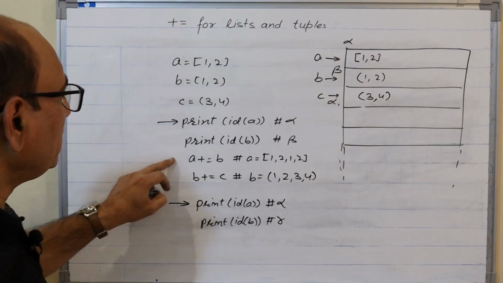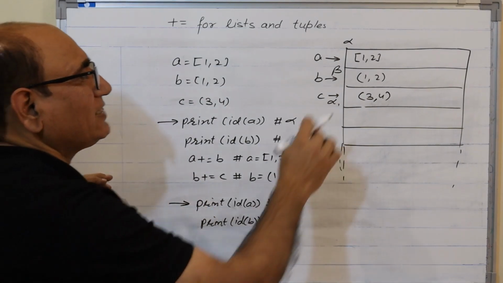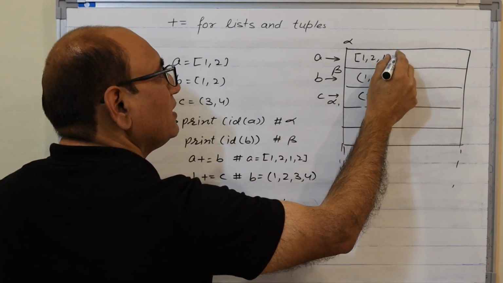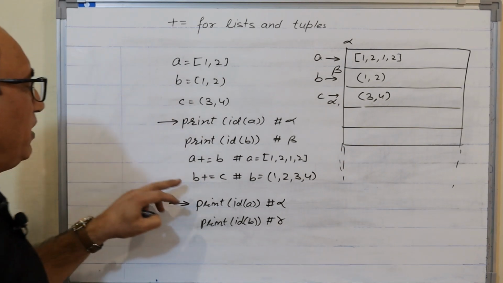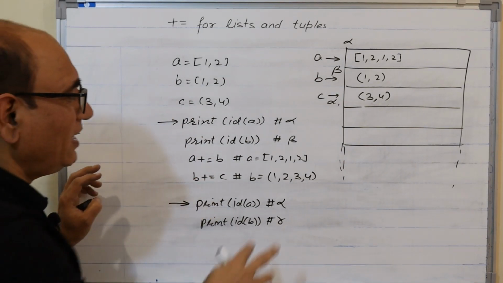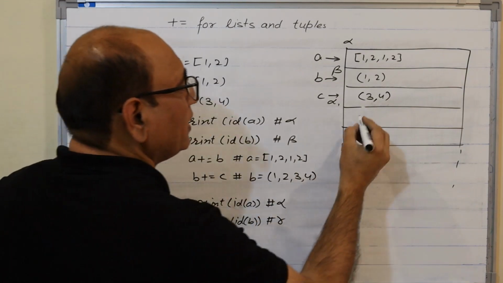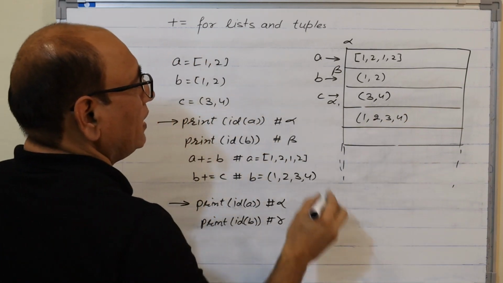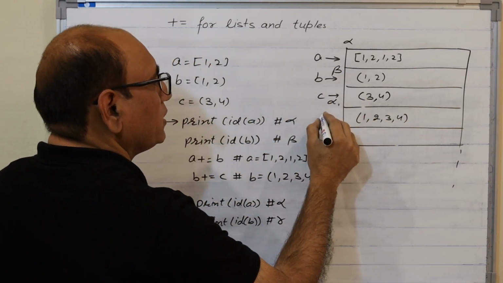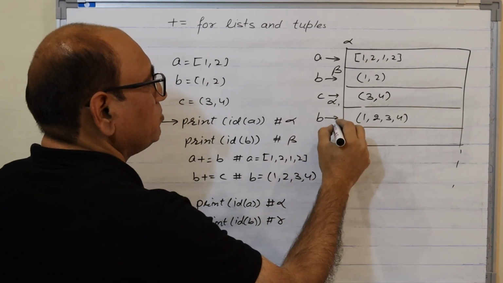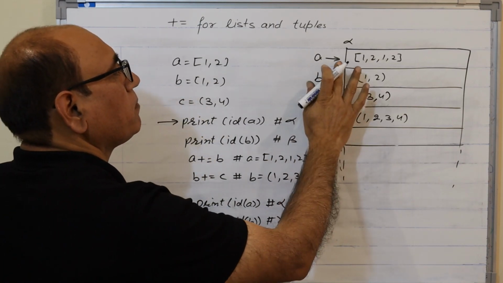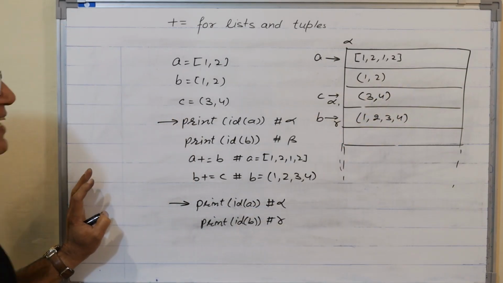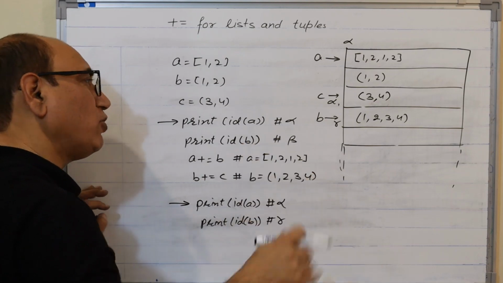Now when you do A plus equal to B, A gets updated. Here at this memory location only, the list gets updated. But when you say B plus equal to C, it defines a new tuple 1 2 3 4 and it is stored at some new memory location. And the variable B points to that memory location. Suppose this memory location has the address gamma. Now B no more points to this memory location. The reason is that tuples are immutable, they cannot be updated.